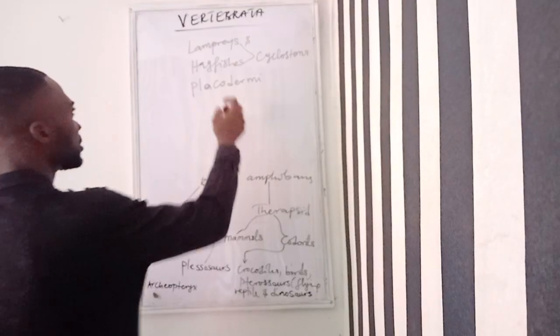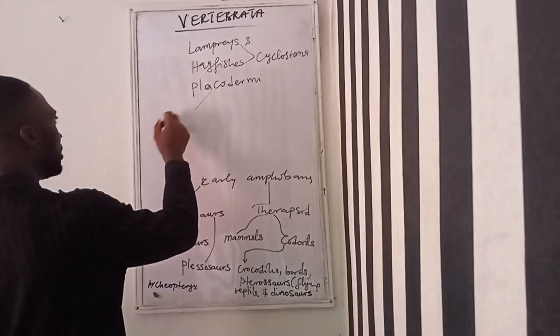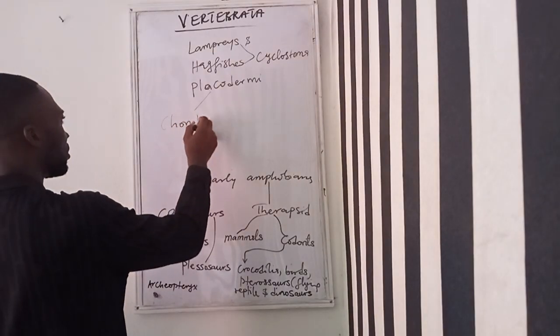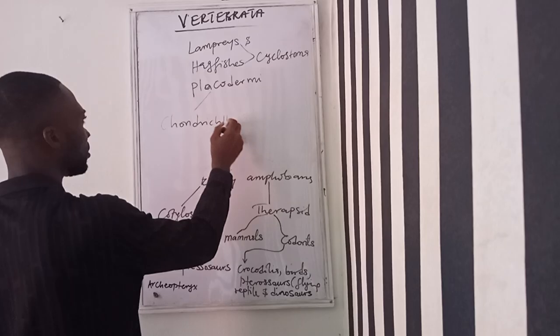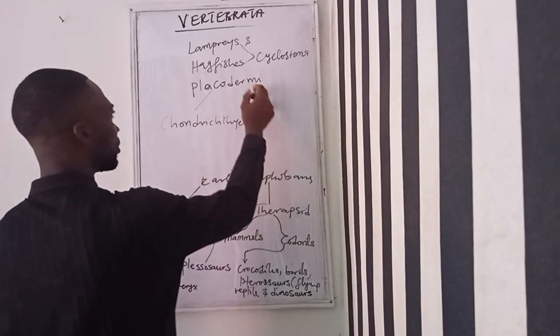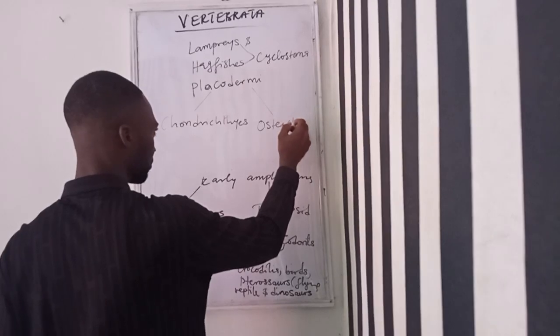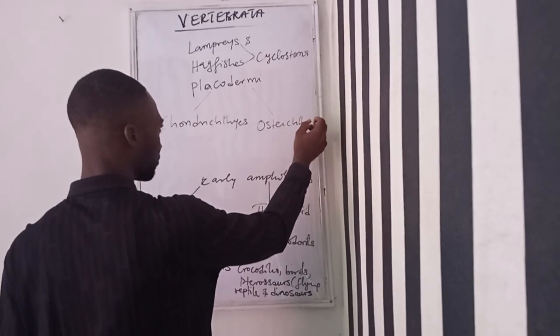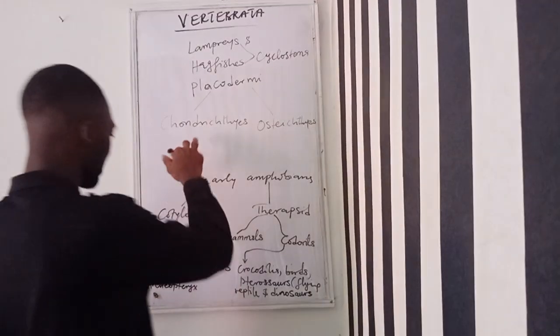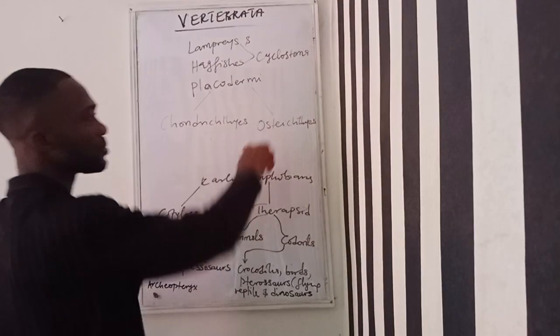These two groups of fishes are called the chondrichthyes and osteichthyes.